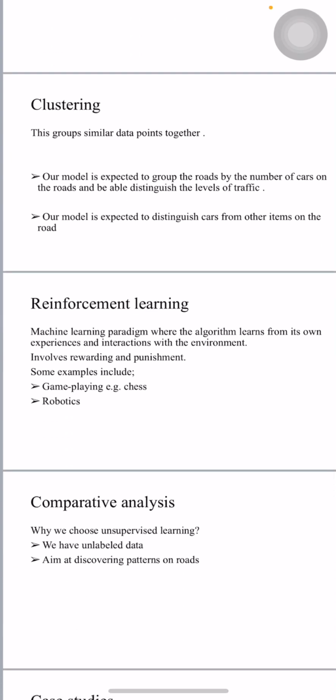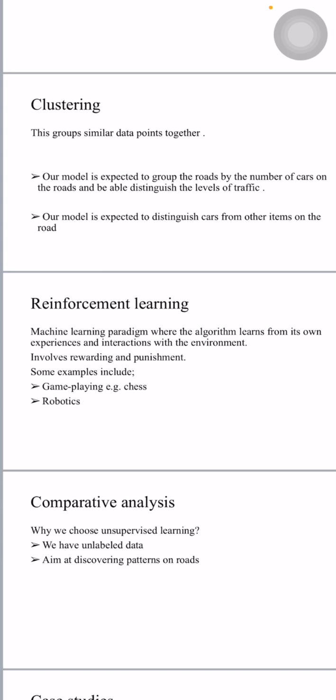So maybe I could talk about reinforcement learning also as a learning method. In this paradigm or algorithm, it learns from its own experiences and interactions with the environment. So it continuously has interactions with the environment and learns from them. And in this, it involves the method of punishment and reward.